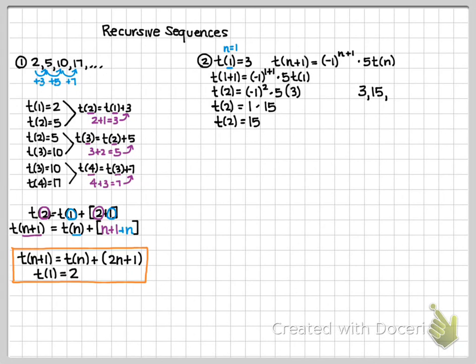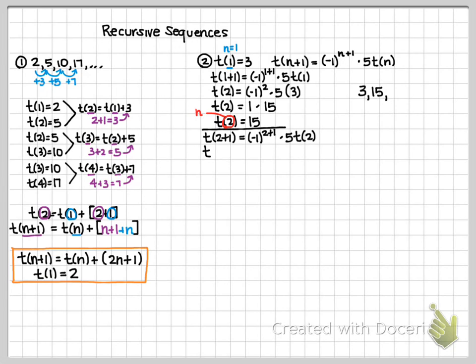So now, looking at this, it looks like my n is going to be 2. So there's my n. Now I just plug it in again to the equation. So t of n plus 1 is going to be equal to negative 1, there's another n right there, times 5 t of, and my n is 2.